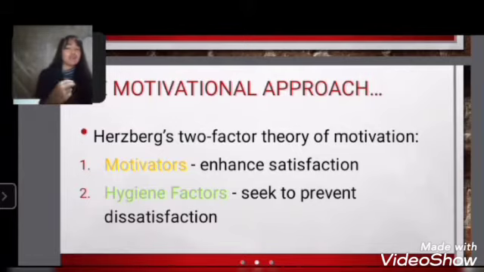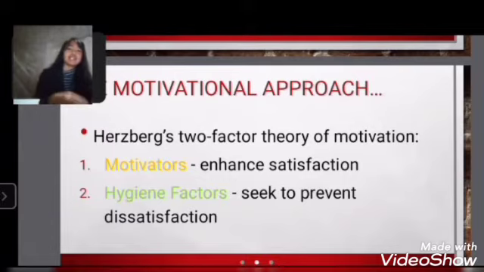Next is the hygiene factors, which seek to prevent dissatisfaction. This means that they may not directly motivate the employees, but the absence of these factors can lead to dissatisfaction at the workplace.